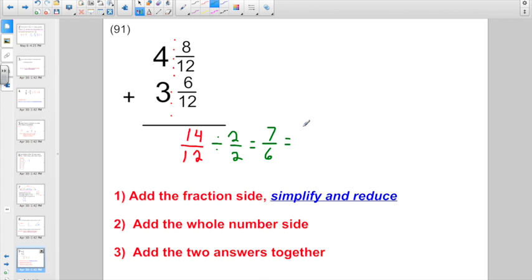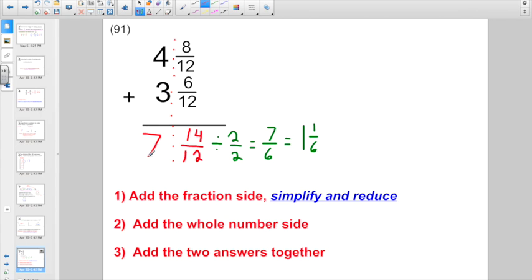6 divides into 7 one whole time. There'd be 1 left over and the denominator stays the same, right? 7/6 is the same as 1 and 1/6. But I'm still not done yet because I haven't taken care of my whole number side yet, right? Don't forget about that. 4 plus 3, hey, that's 7.